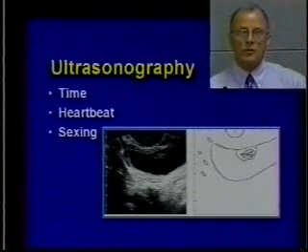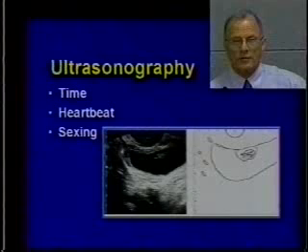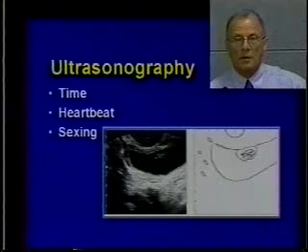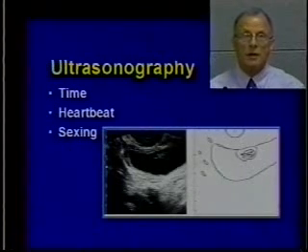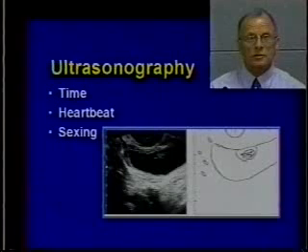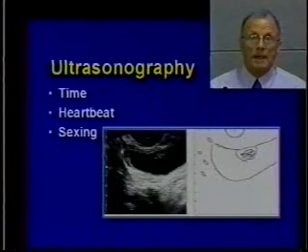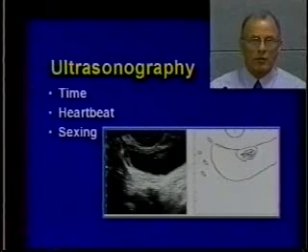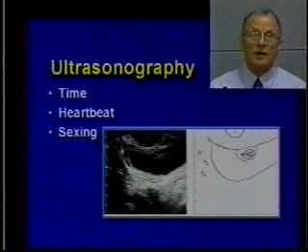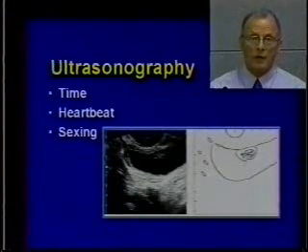The earliest we can do this with ultrasonography is probably about day 26. Let's say 4 weeks, 28 days. Well, with our fingers, an experienced palpator can pick up pregnancy as early as 30 days in a heifer and as early as 35 days in the cow. Not a great deal of difference.